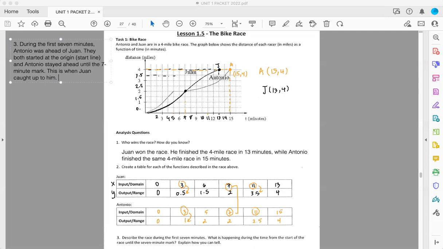Now, this answers the question, describe the race during the first 7 minutes. What is happening during the time from the start of the race until the 7th? So I described that and then explain how you can tell. We can tell this by looking at both graphs and seeing that Antonio's graph for the first 7 minutes is above Juan's.